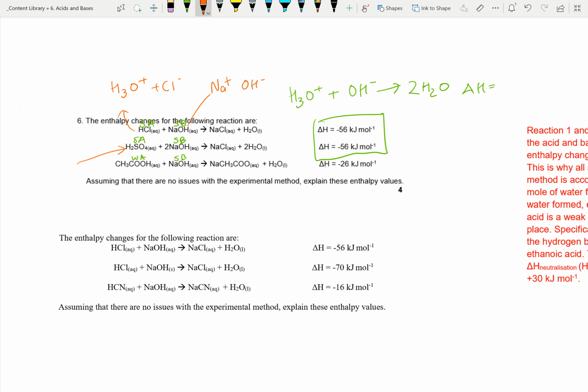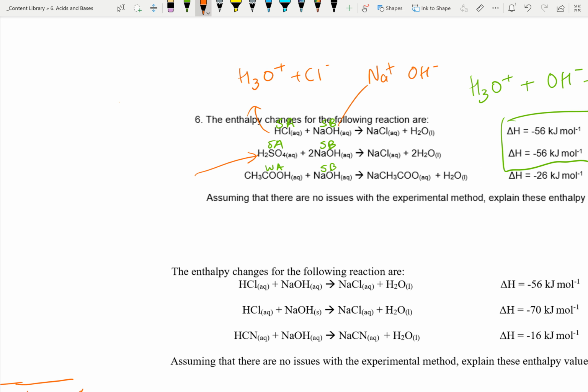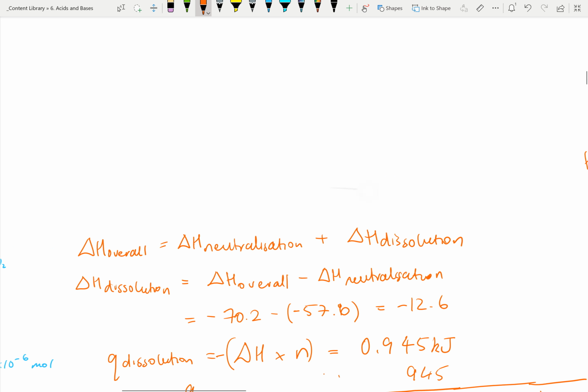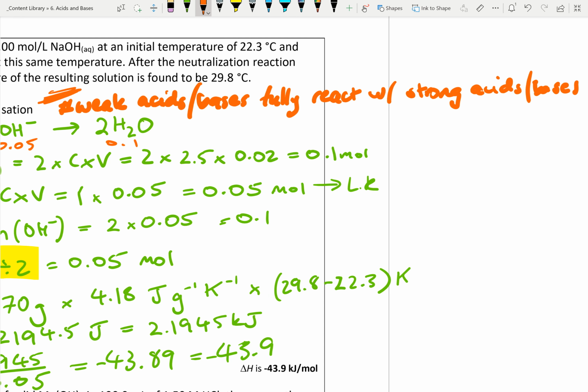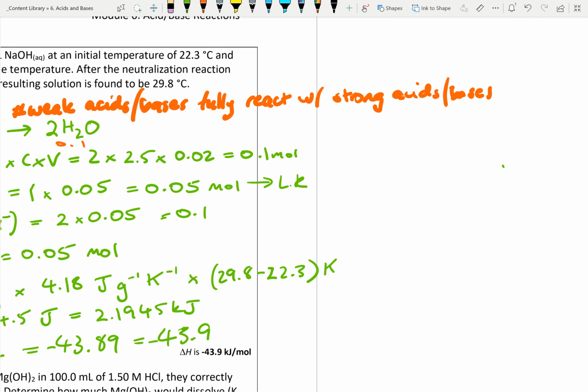And similarly, with H2SO4, sulfuric acid would already be in the form of this. Yes, it's diprotic, so I'll do two of them like this. We've talked about it kind of not being a strong acid, but it kind of is. Also, the thing I want to keep in the back of your mind is that if you have a weak acid or a weak base, they will fully react with a strong acid or strong base if there's enough of the strong acid or base in terms of moles.